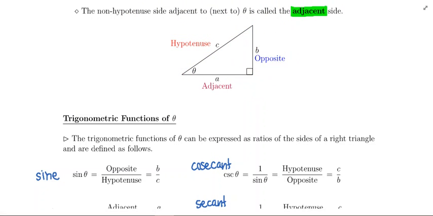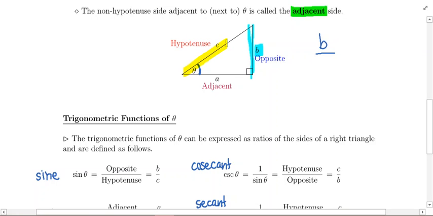Here would be your angle theta, and you would look at the opposite side, whatever that length is. This is length B. And you would divide that by the length of the hypotenuse, which is C. So the sine of theta is defined as the opposite side divided by the hypotenuse.